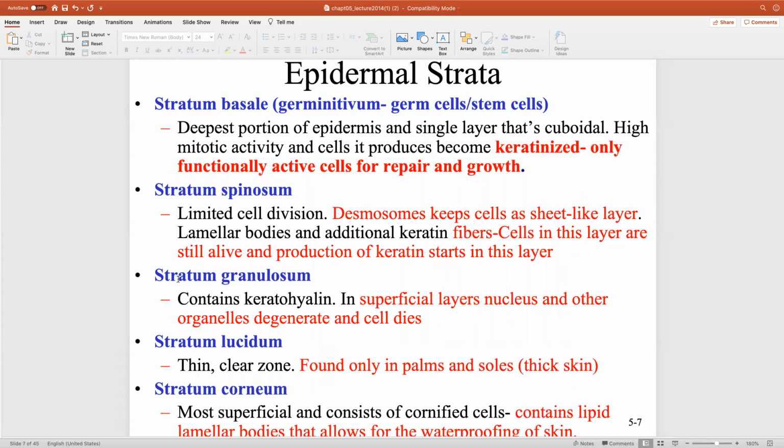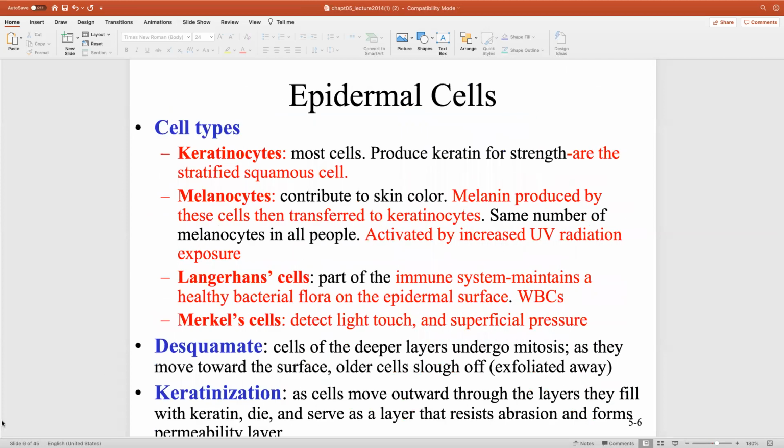Now, as that desquamation happens, remember, coming back to our tan, right? If you have that tan from the summer and then the winter comes, you start losing your tan because you're no longer exposing your skin to ultraviolet radiation. You get lighter skin. Why? Well, because of desquamation, any of the old cells that had picked up lots of melanin in the summer start to migrate and get moved up close to the surface.